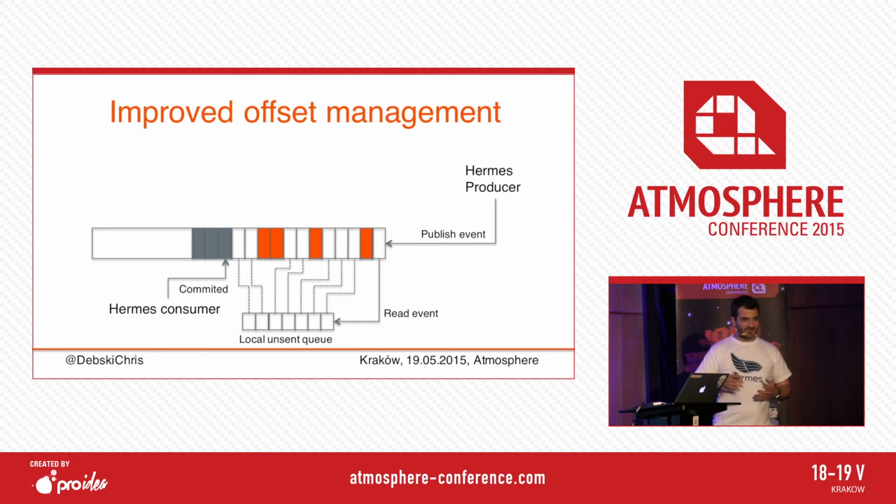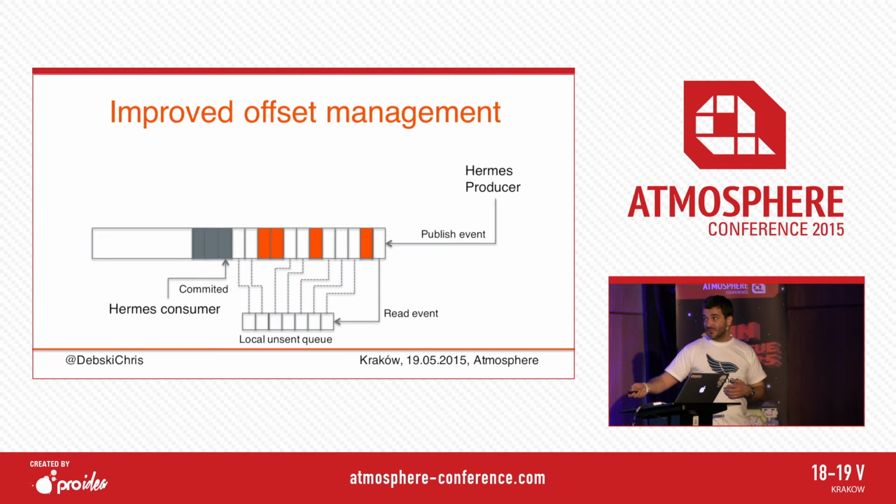We also decided that if we read from one partition, one event after another, you can end up in a situation where some of the events cannot be processed by you. Let's imagine that we have events marked in orange that were processed, and events that are white cannot be processed.